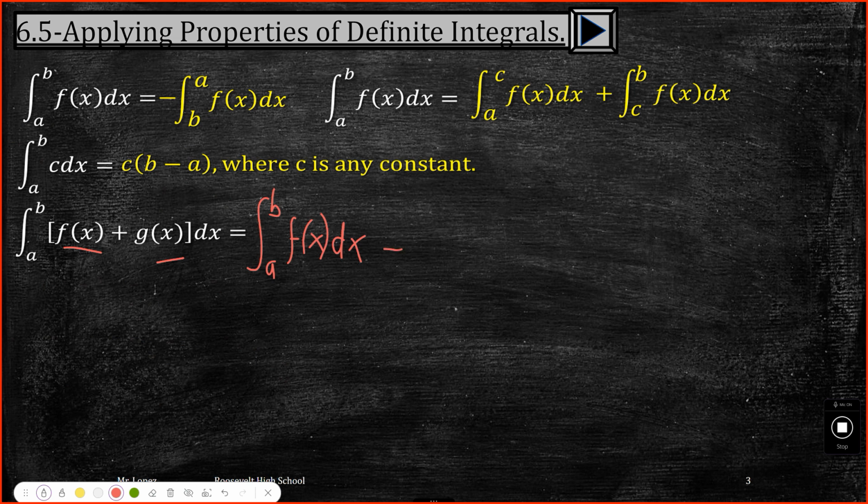And then plus, if it is plus here, the integral from a to b of g of x dx. It's the same if it was minus. If it was minus, you just put a minus there.